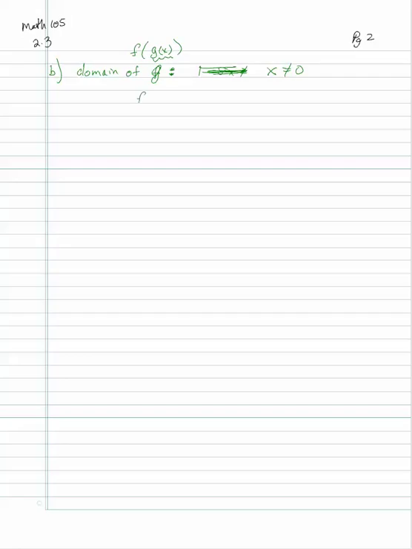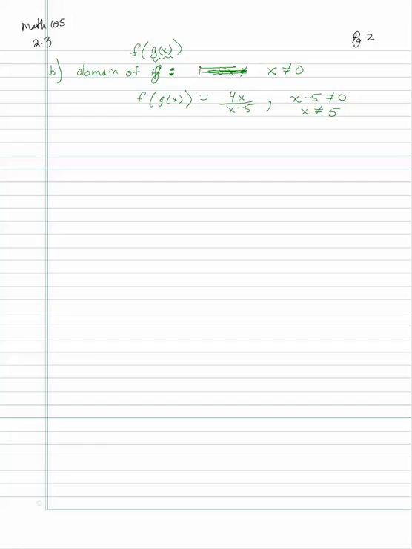And then when we do f of g of x, we look at that final outcome, which is 4x over x minus 5, and we note that, well, x minus 5 cannot equal 0 also. So x cannot equal 5.